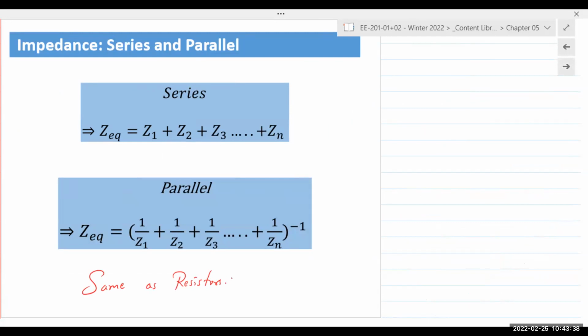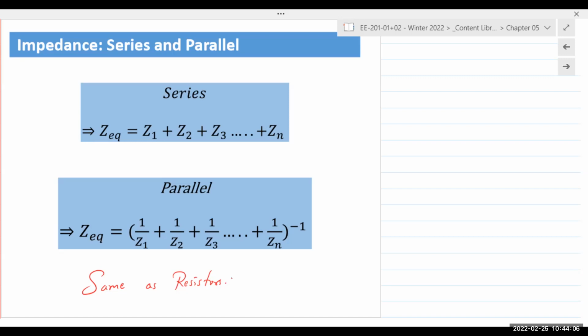Important to note that we cannot combine resistors, inductors, and capacitors, but we can combine impedances of resistors, inductors, and capacitors. You cannot add R plus L. You cannot add L plus C, but we can certainly add ZL plus ZC or ZL plus ZC plus R, because impedance is the same quantity, right? So you can add those up.